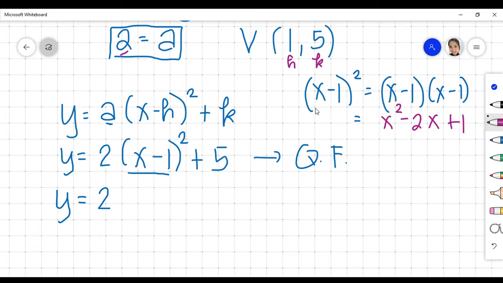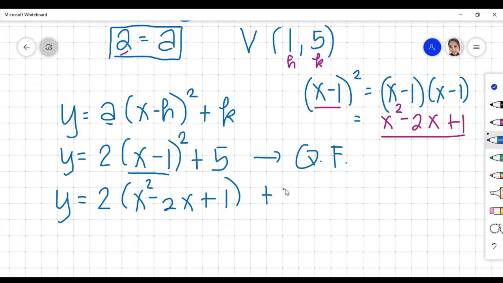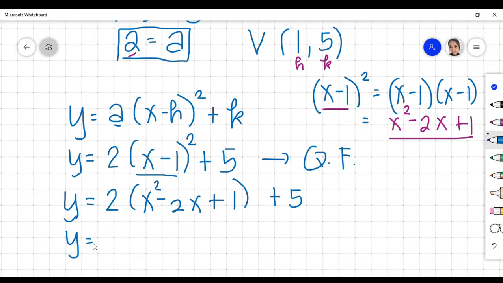So, ito, papalitan natin siya ng expanded form na X squared minus 2X plus 1. So, write X squared minus 2X plus 1, then plus 5. So, since mayroon tayong parentheses, alam natin na i-multiply natin yung 2 inside the parentheses. So, copy Y equals, so 2 times X squared, that is 2X squared.